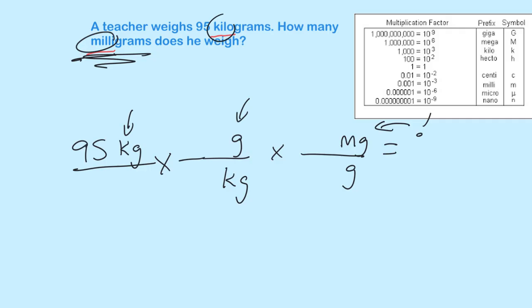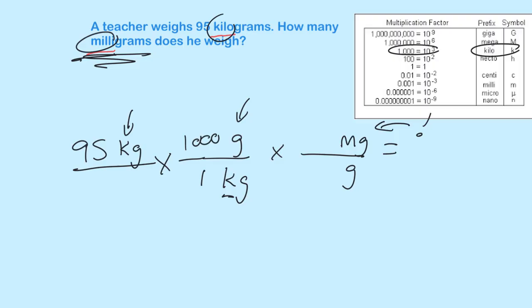Okay. So notice I put all the units first, and this is a technique that helped me get this down and get them right every time. If you put the units first, then it's just a matter of getting the correct numbers in every spot, okay? So again, the prefix unit gets a 1, and remember that kilo means 1,000 times bigger. I'm just gonna put it in standard notation, okay?